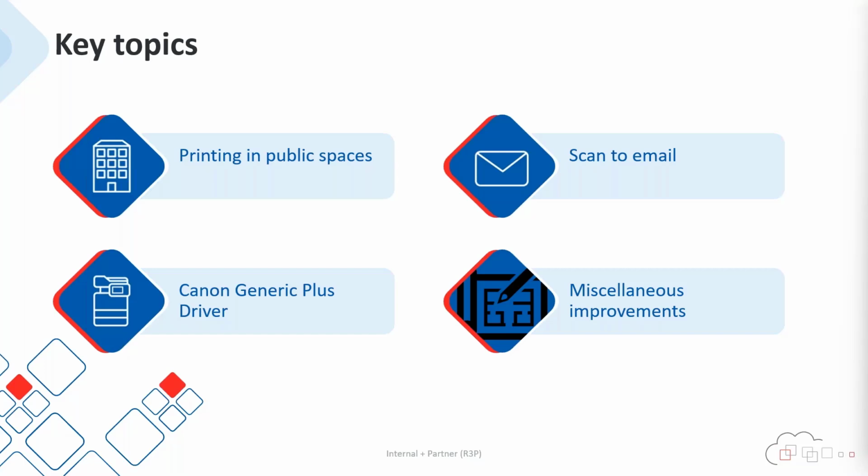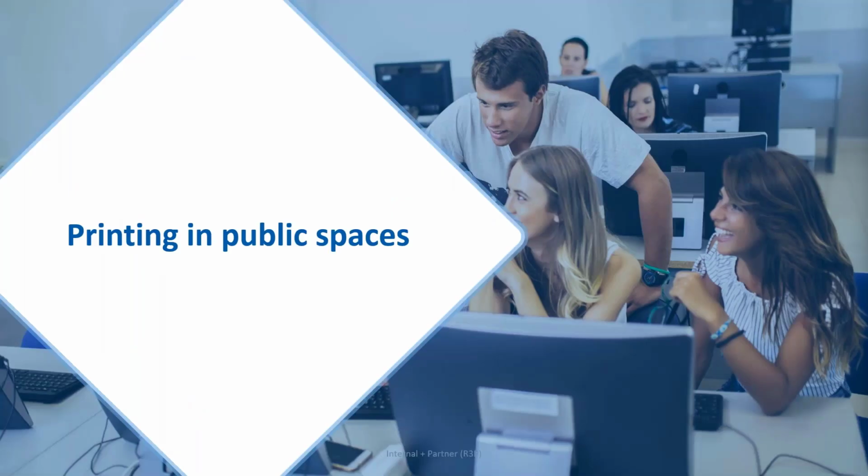After that, I will touch on various improvements, including the discontinuation of uniFLOW Online Express, limitations for devices without subscription, two scanning improvements, and the long-awaited budget widget improvements. So let's start with the topic of printing in public spaces.